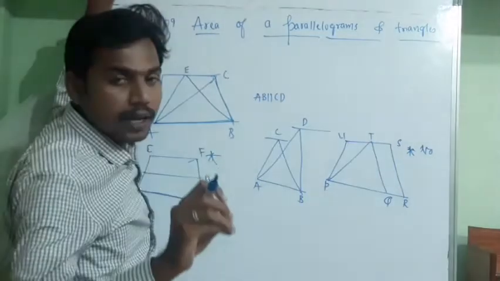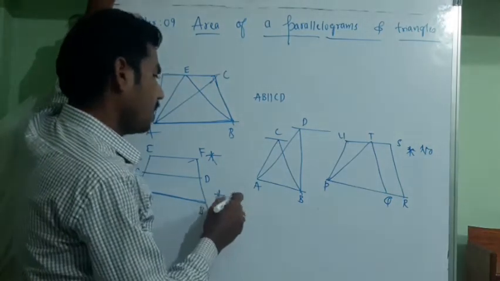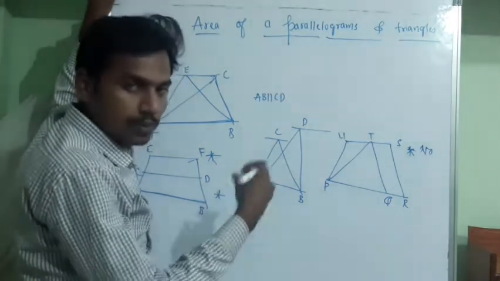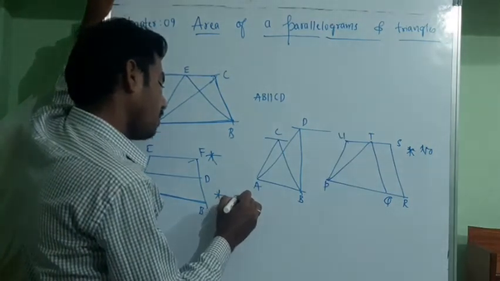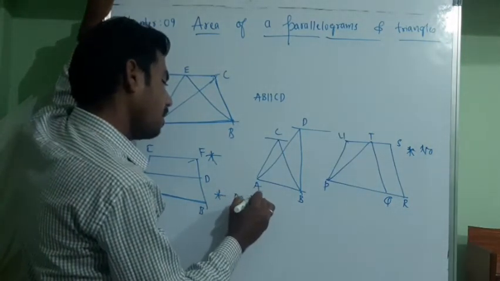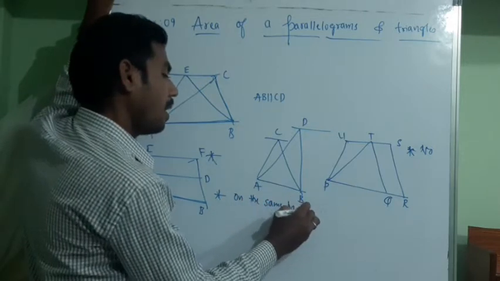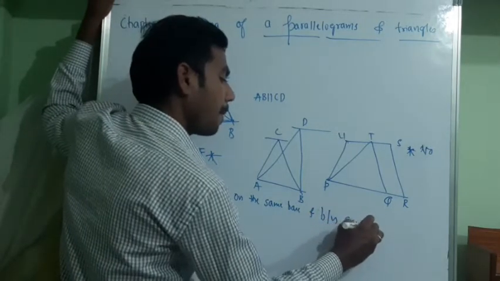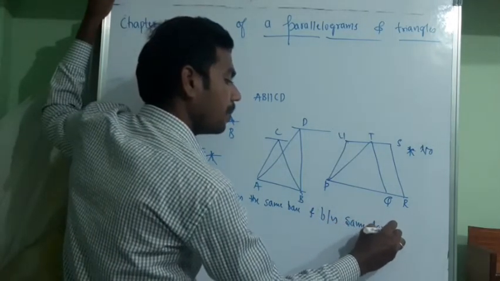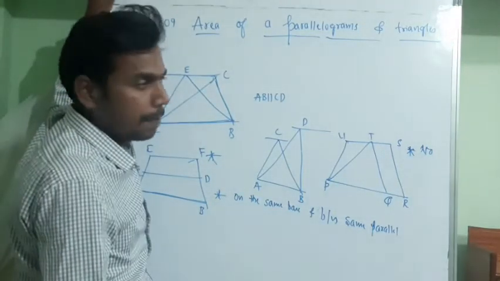If both the conditions are satisfied, then we can say the two figures or two polygons are on the same base and between the same parallels.